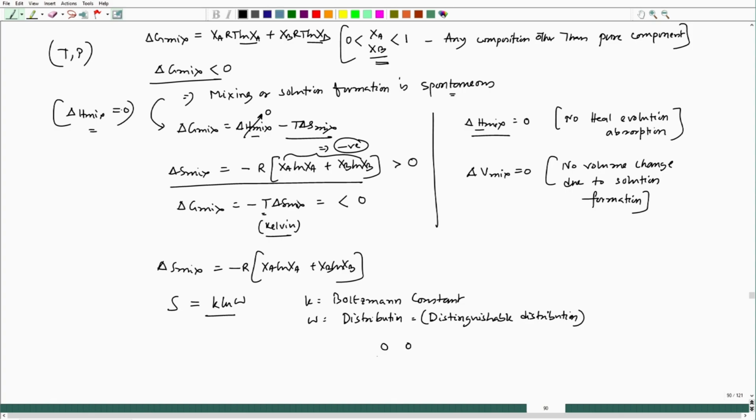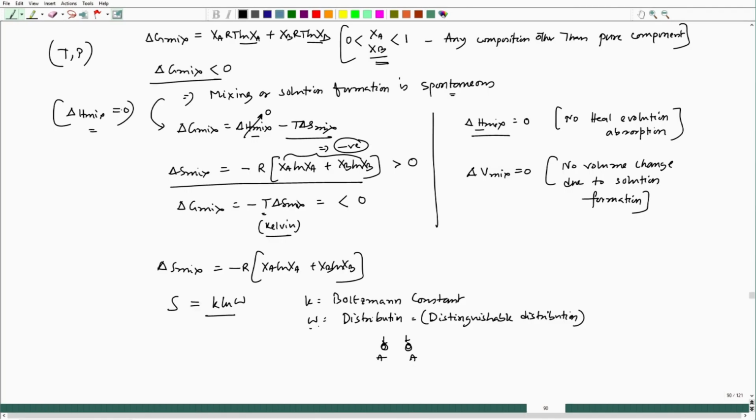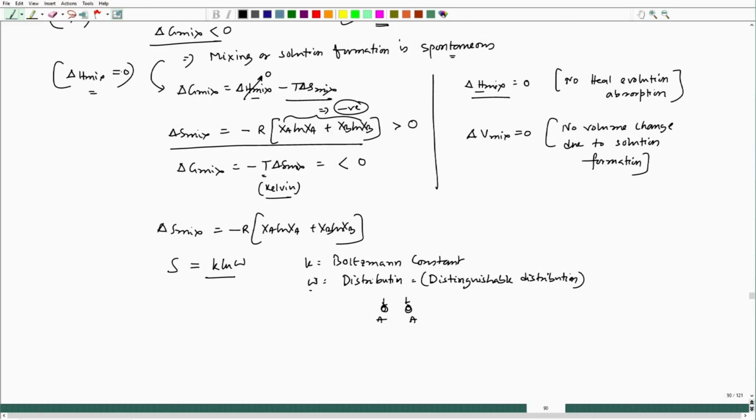Because let us say you have an A atom here and an A atom here, and both atoms are identical, whether it is sitting here or here, the distribution would look the same. So, it is not distinguishable. So, only one way of distinguishable distribution is there. So, this omega is that. Now, W is basically like that, it is not omega. So, you can also write it like this, that distribution part.